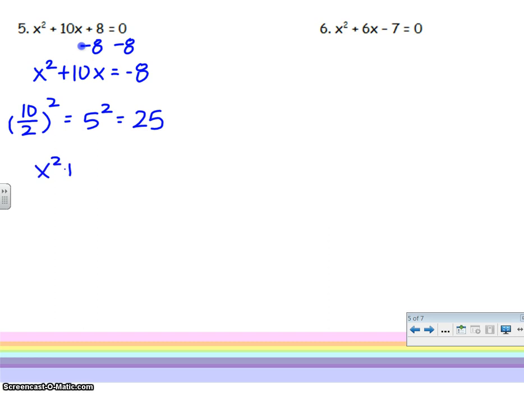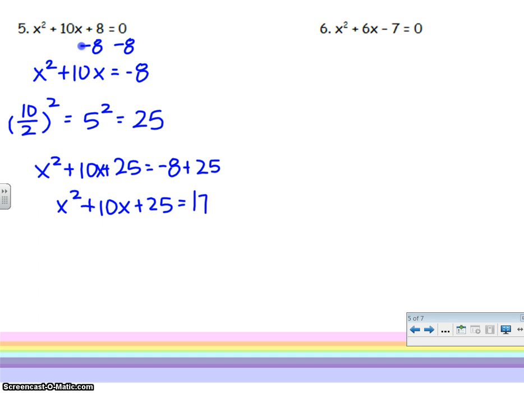So x squared plus 10x plus 25 equals negative 8 plus 25. When we factor x squared plus 10x plus 25, we'll get x plus 5 quantity squared equals 17.